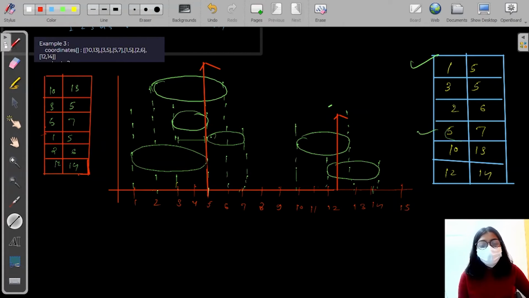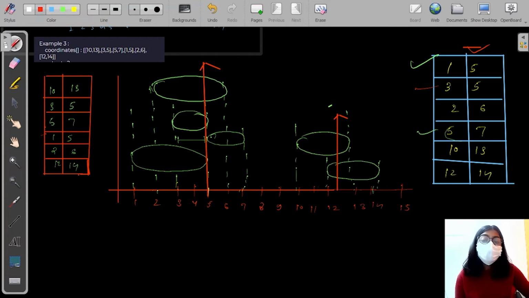Because this arrow is touching 5 and this balloon is also touching this arrow. The ending point of my first balloon is 5, then the starting point of another balloon is 5, and the ending point of my second balloon is also 5. So this arrow is going to touch these 3 balloons.